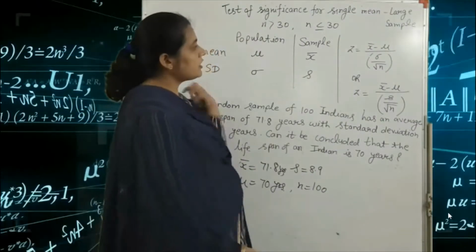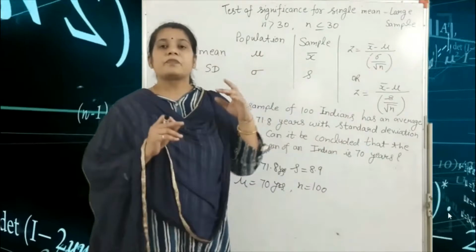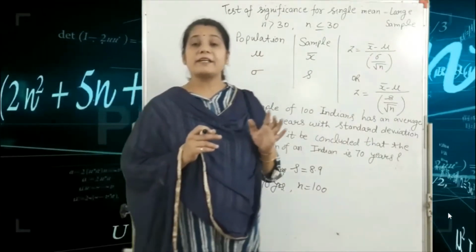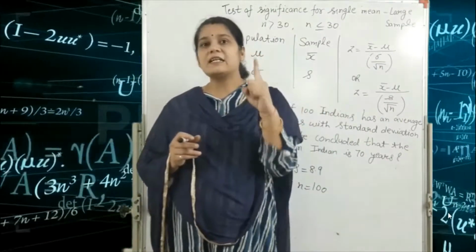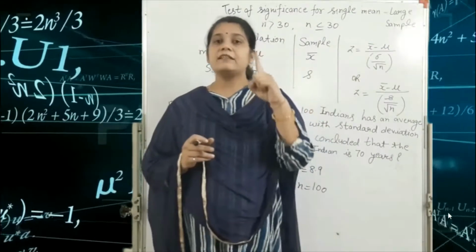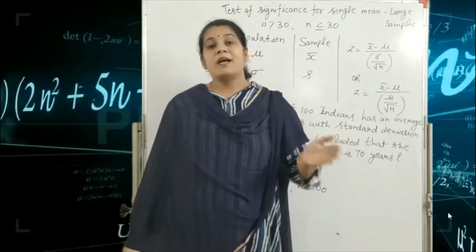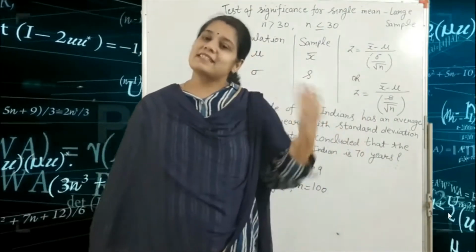So according to this formula, if our question gives x bar and mu, that means it is given the single mean. Don't write it as a double mean, because one mean is the population form and the second mean is the sample form.